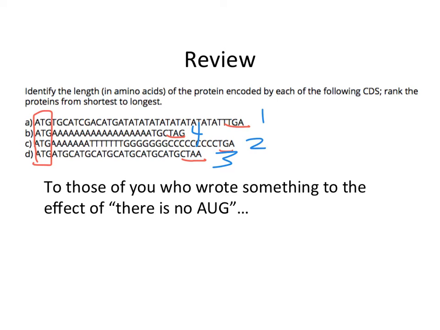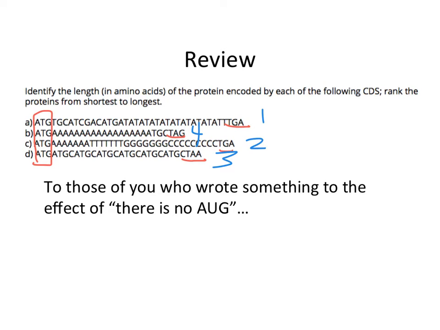But I loved the fact that a lot of you caught me on this point. To those of you that wrote something to the effect of, wait a second, none of these have AUG, the start codon, I got something to say. You're right. CDSs are written in DNA nucleotides. So the coding sequence of a gene is written in DNA.